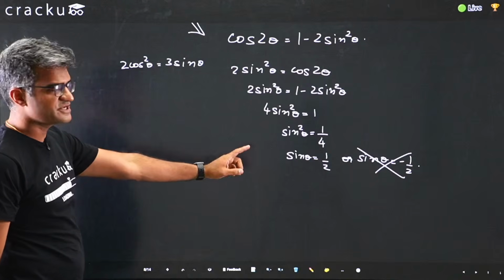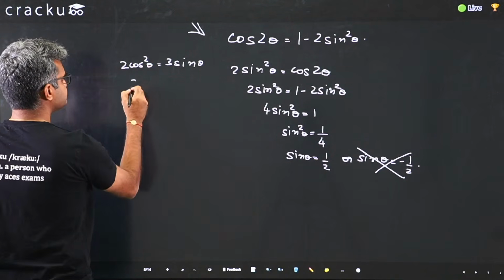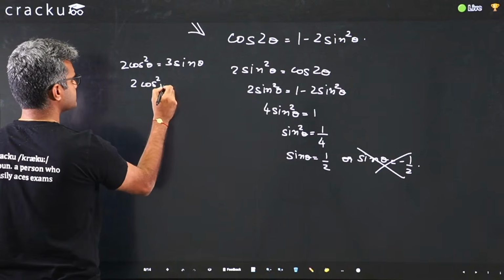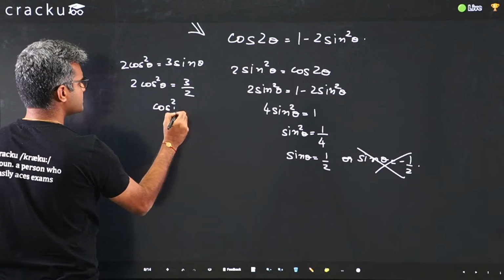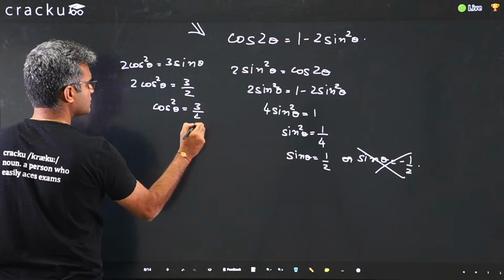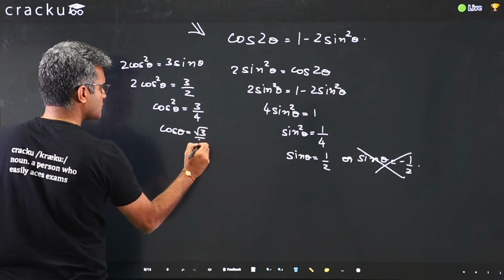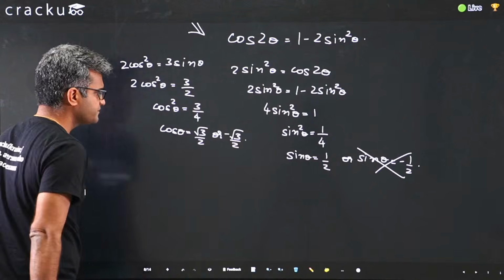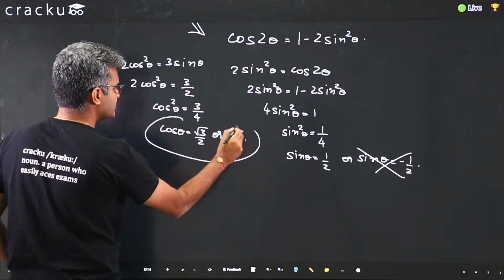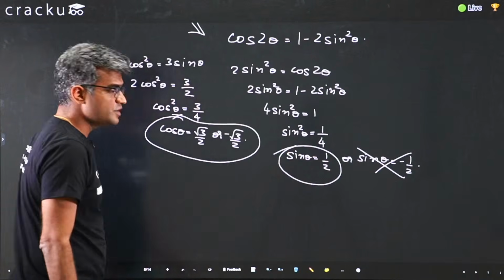So sin theta is equal to 1 by 2. 2 cos square theta is equal to 3 by 2, or cos square theta is 3 by 4, or cos theta is root 3 by 2, or minus root 3 by 2. Both of these are possible. So cos theta can be root 3 by 2 or minus root 3 by 2. Sin theta is equal to only 1 by 2.